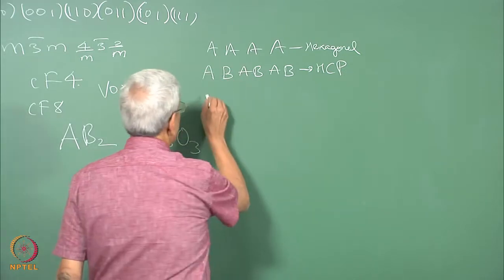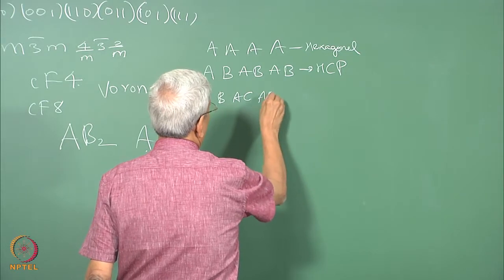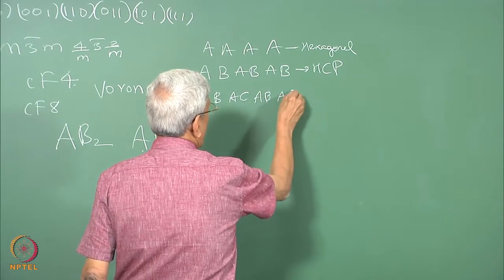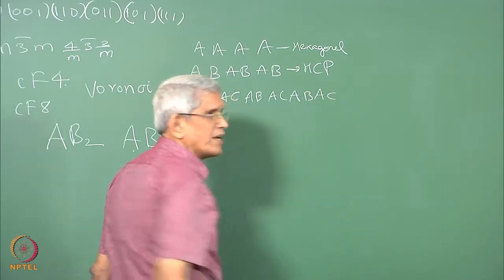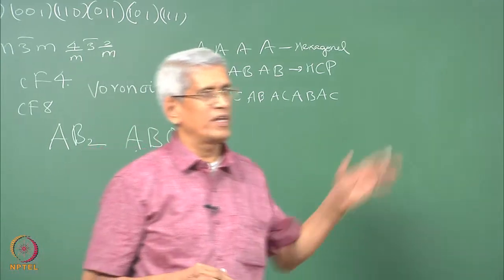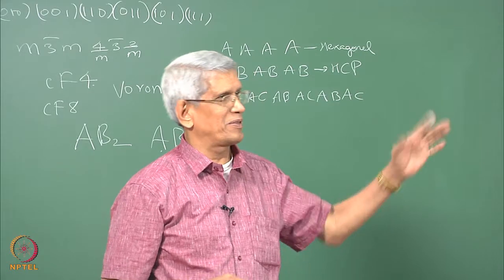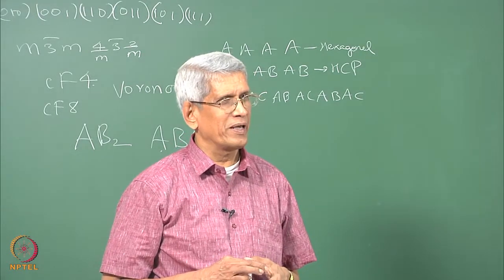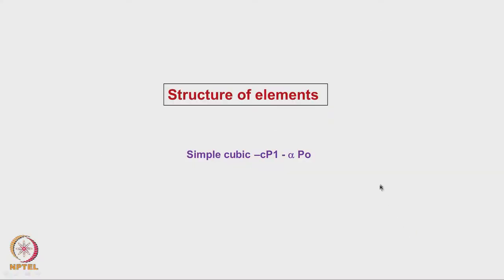Another type which we can have is, this type of lattice also is possible. This also will be a hexagonal lattice. There are various types of stacking sequences which are possible. This I will just show you, just a minute.